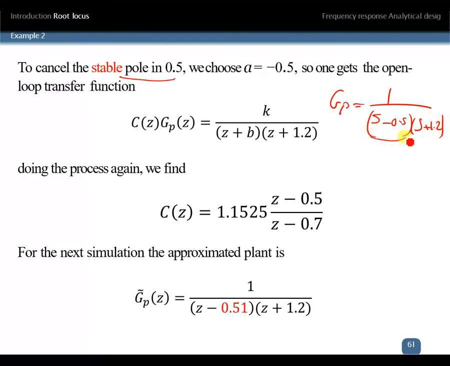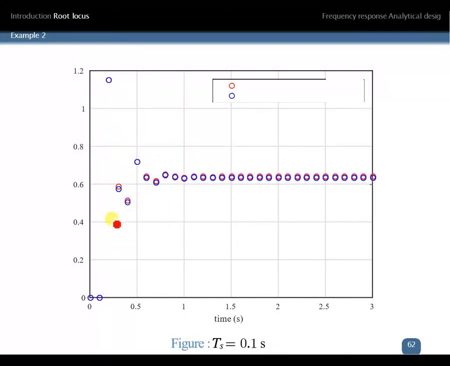Now I want to cancel this. To cancel this, with the same method, we will find A, and you find B by the root locus, and you find K by the second rule of the root locus. Then you will find B is 0.51, and if you draw the system, you will see the system starts to become stable.